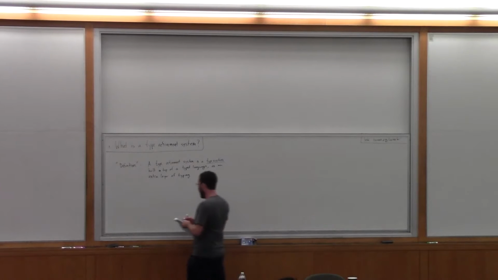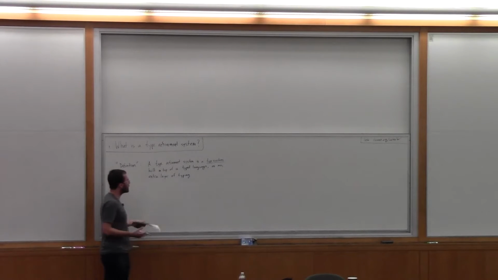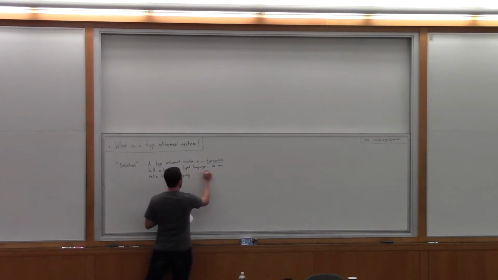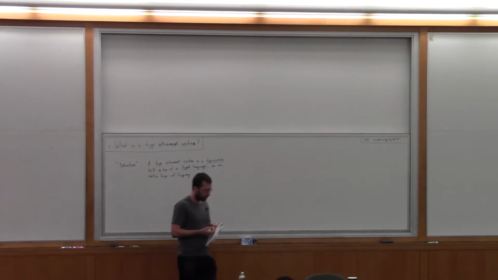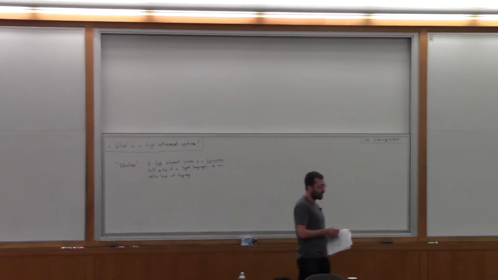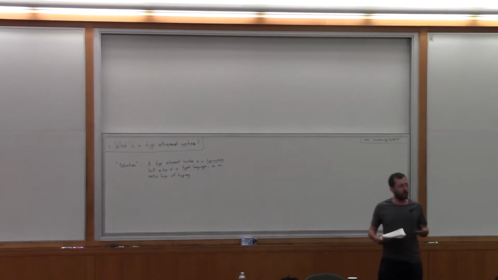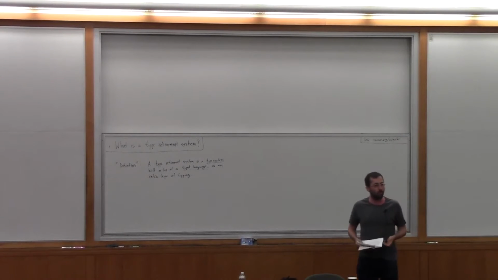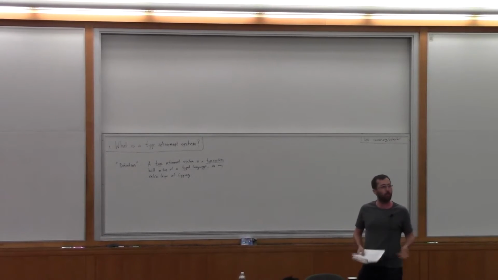And then I said it's a type system built on top of a language which is already typed. Well, what is a typed language? That's also something we don't really agree about. Like I mentioned yesterday, we know that languages like ML are typed, but what about a language like Scheme?